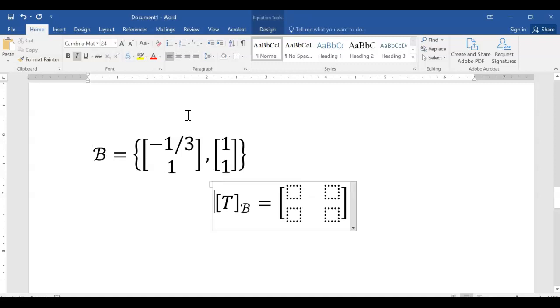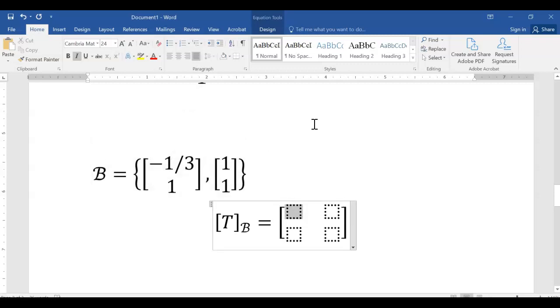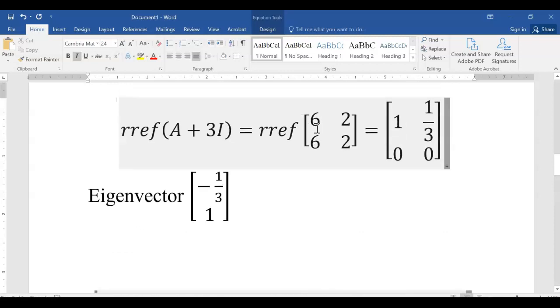And so my transformation with respect to this basis B. Now notice that I put the -1/3, 1 first. That corresponds to eigenvalue lambda equals -3.